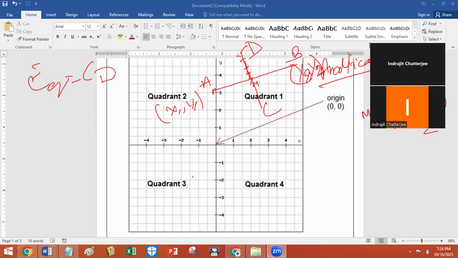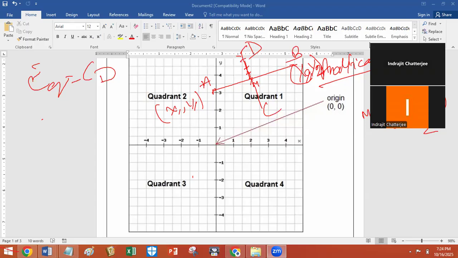Before that, one of the concepts that is very important to remember, and I will prove it in a separate video, is that the product of the slopes of any two lines which are perpendicular to each other is -1.